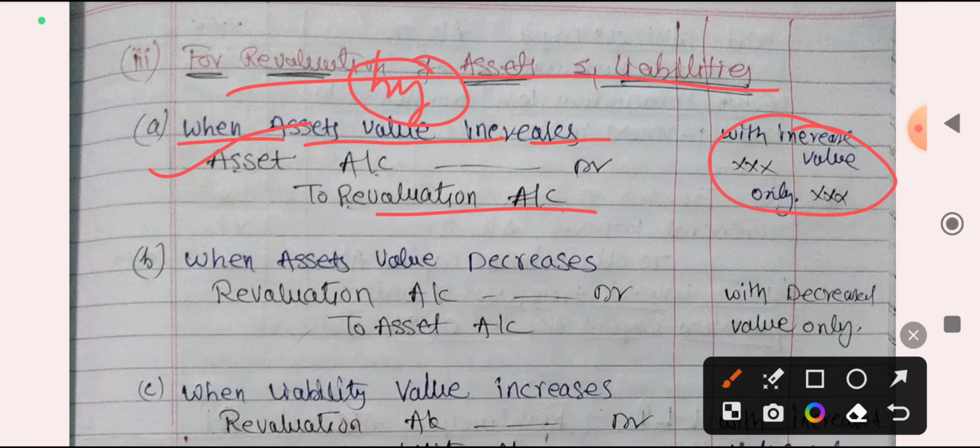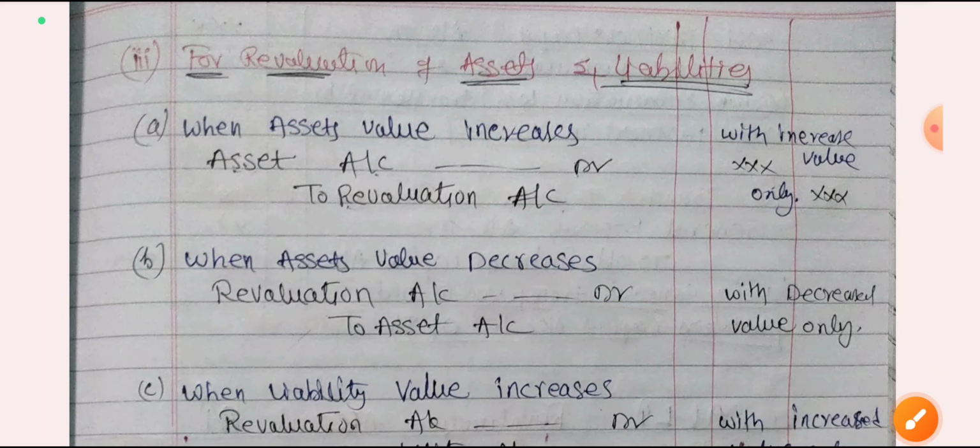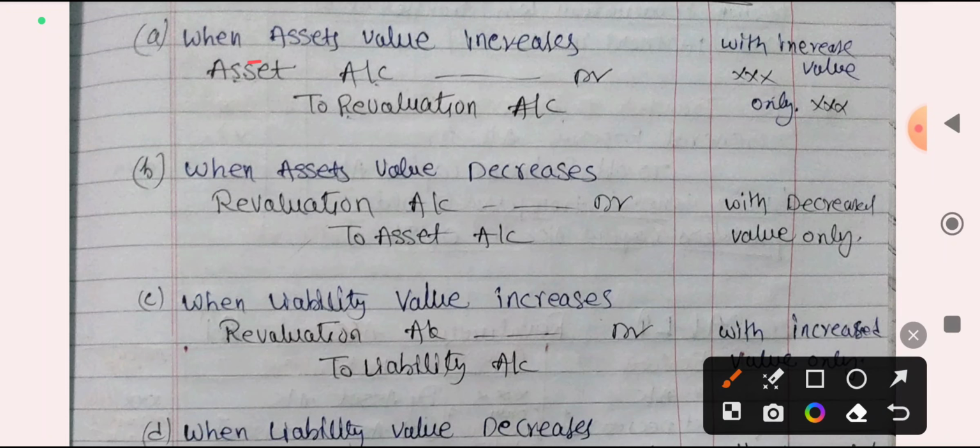Increased at or valued at or to, ऐसे बोल रहे तो, "to" or "at" बोल रहे तो we need to take the difference. Call it the difference between balance sheet value and adjustment value. Difference, increase or decrease, we will consider, right? So this is the asset when increased.